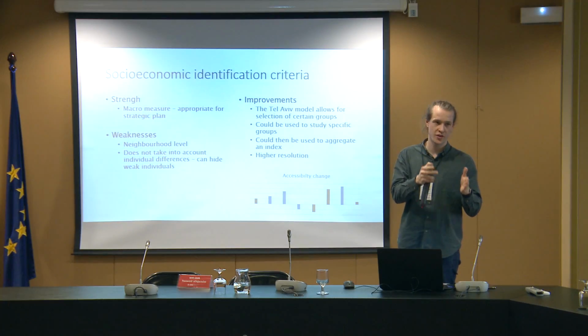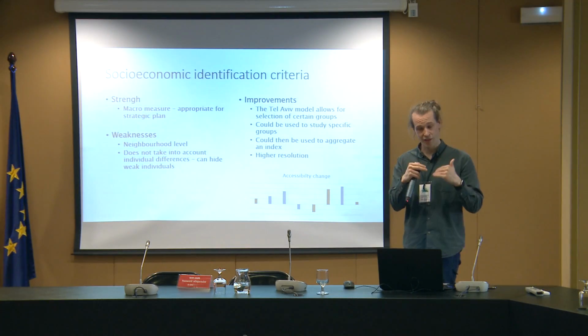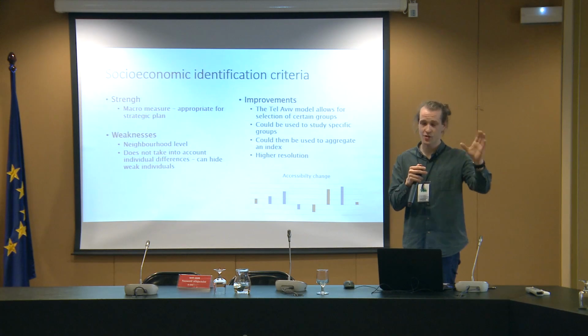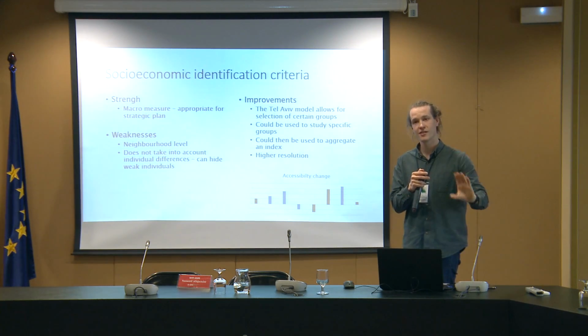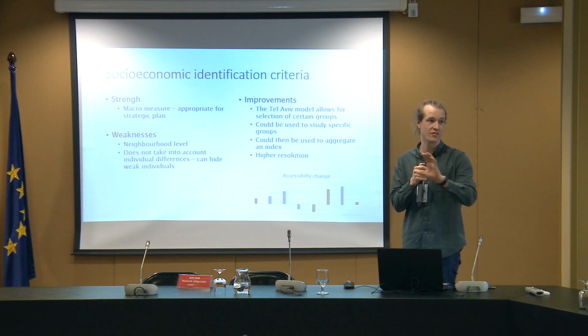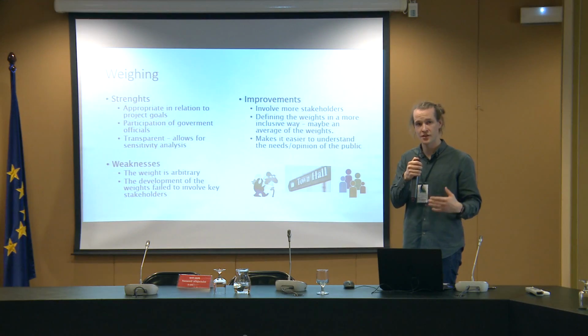So we suggest, as an improvement to the assessment methodology, to look at individuals and see how their accessibility changes, and then identify the socioeconomically weak individuals among that population instead of looking at neighborhoods. We also suggest that participation in development of the plan is improved by involving more stakeholders in the assessment.